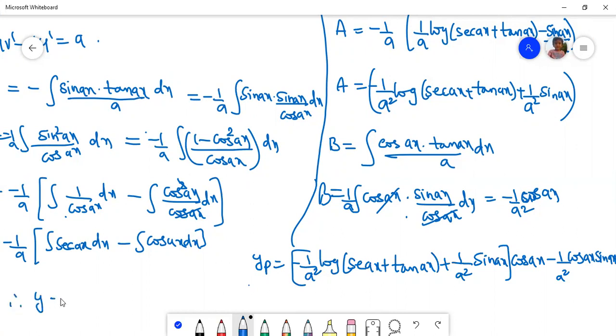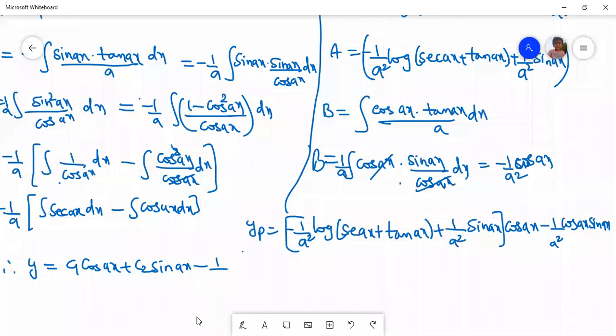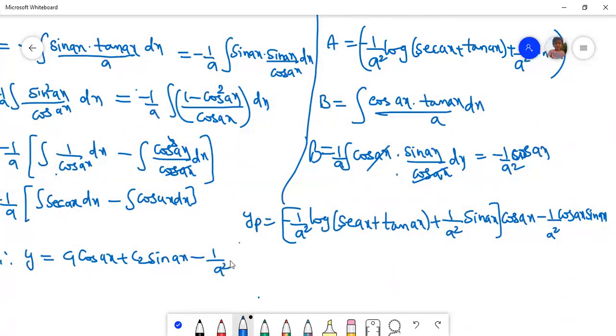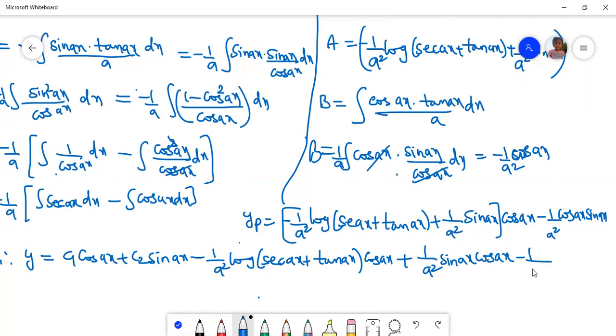Therefore, y equal to yc plus yp. yc is c1 cos ax plus c2 sin ax. yp is minus 1 by a square log of secant ax plus tan ax into cos ax, plus 1 by a square sin ax cos ax minus 1 by a square cos ax sin ax. These two will get cancelled.